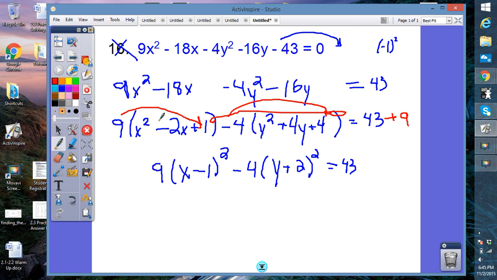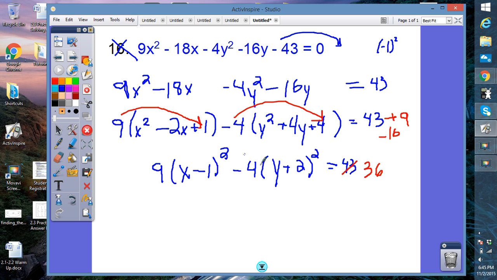We added a negative 16. Okay, so what we've really added is 52 minus 16, which would be a 36. Okay, just don't forget about that part.